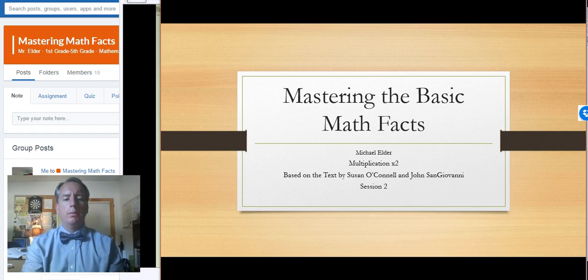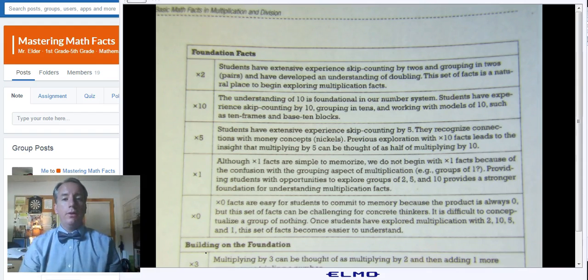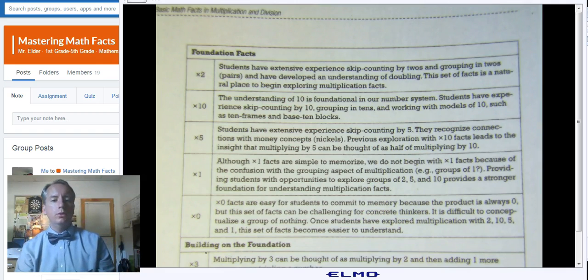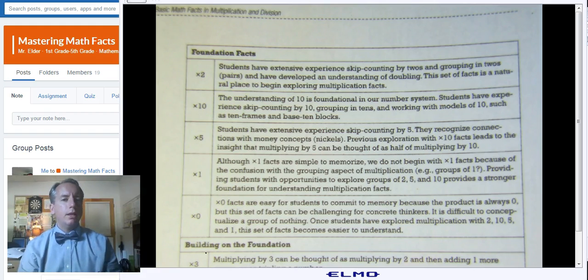I'm going to remind us that when we were last together, we talked about our foundational facts and that we would be starting with the facts and going through them in this order. So our first one is times 2, and the overarching premise here on our chart is that we really are focusing a lot on skip counting by 2s and then groups of 2s or pairs and connecting that to doubling.